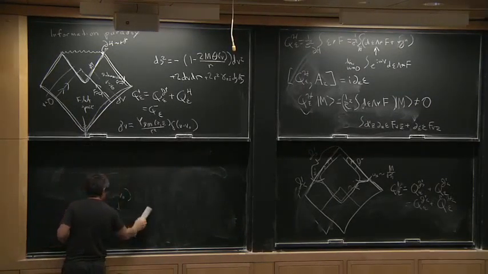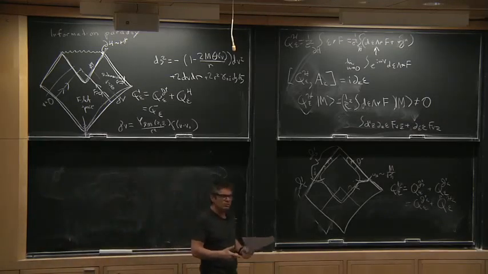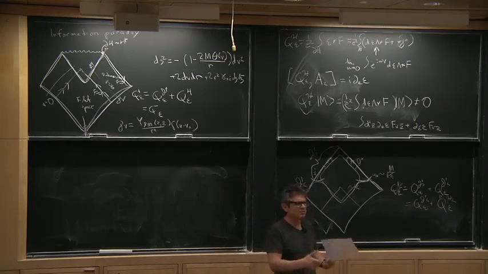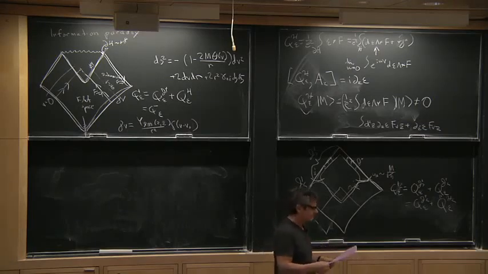Now, the supertranslation group itself is an abelian group. So if you take a black hole and you act on it with a supertranslation, the new black hole doesn't carry a supertranslation charge. However, the supertranslation charges don't commute with the superrotations, which we studied 2 lectures ago.